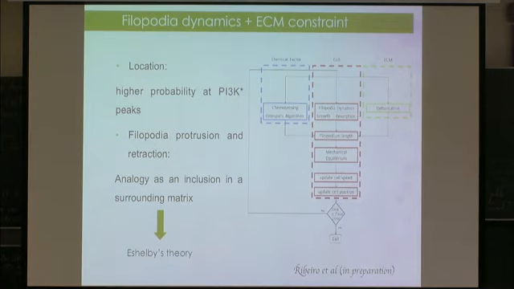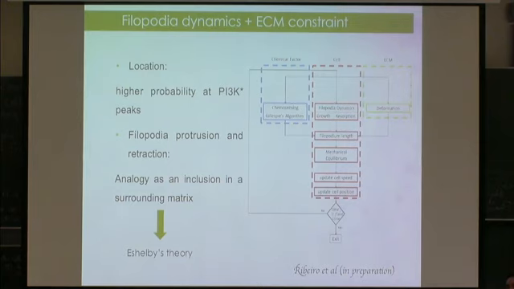PI3K is going to, sorry, sometimes I'm speaking English in Spanish, is going to produce, and this point is going to create the filopodia protrusion. And to understand the mechanical effect of this protrusion on the matrix, we are going to consider it like an inclusion in an elastic matrix using the classical theory of Eshelby.